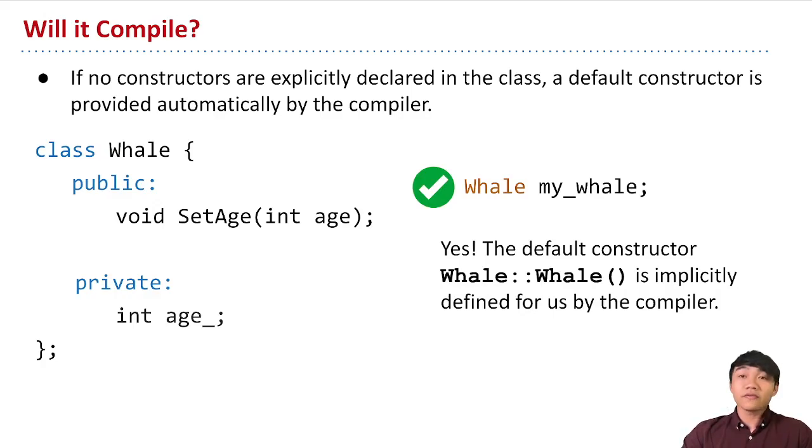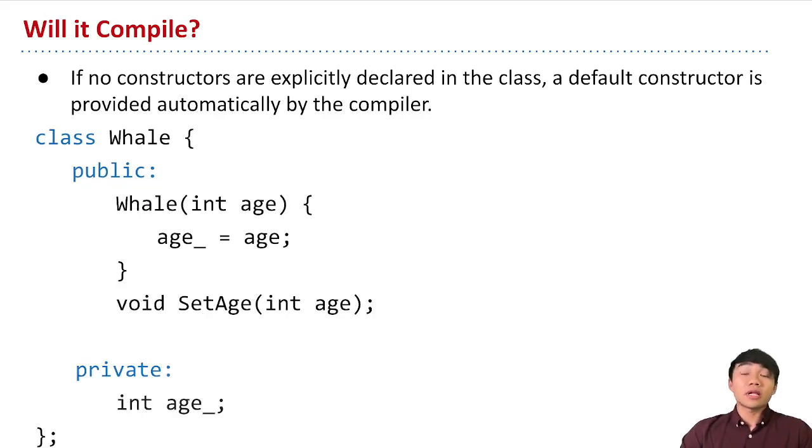We're invoking the default constructor, which wasn't explicitly written out in the class, but because we don't have any other constructors defined ourselves, it will be provided for us. The default constructor provided by C++ doesn't really do anything. It's not going to set the age to any default value. It's just going to allow us to create this instance.